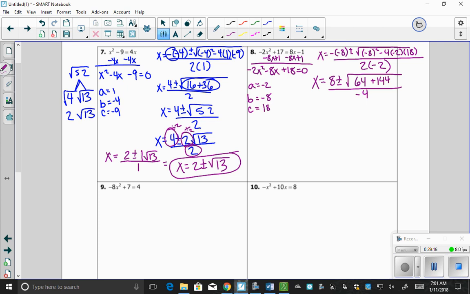So I'm just simplifying my problem. From here, combine what's inside the square root. So I get 8 plus or minus the square root of 208 over negative 4. There again, 208 is not a perfect square, so I need to simplify the square root.